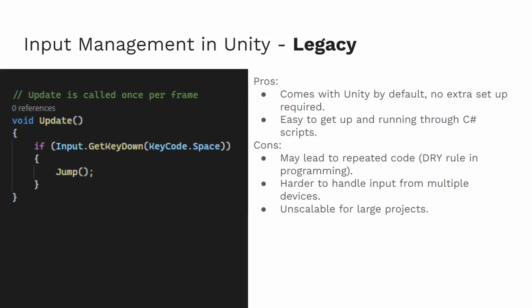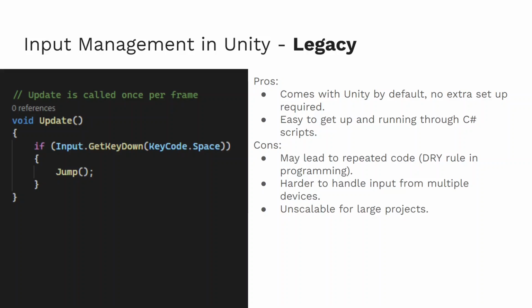And it is harder to handle input from multiple devices. Say you want to ship a game for PC and console and other devices, you're going to have to do all of that manually. And as you can probably tell, this is not exactly scalable for larger projects.